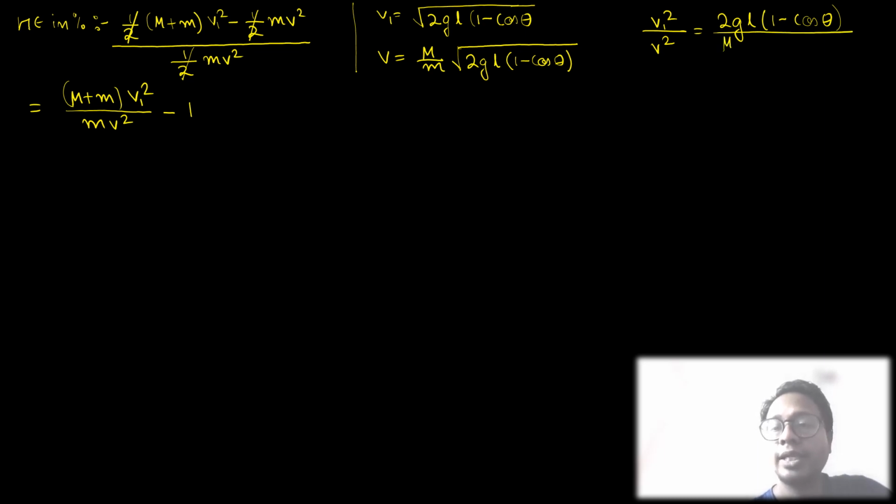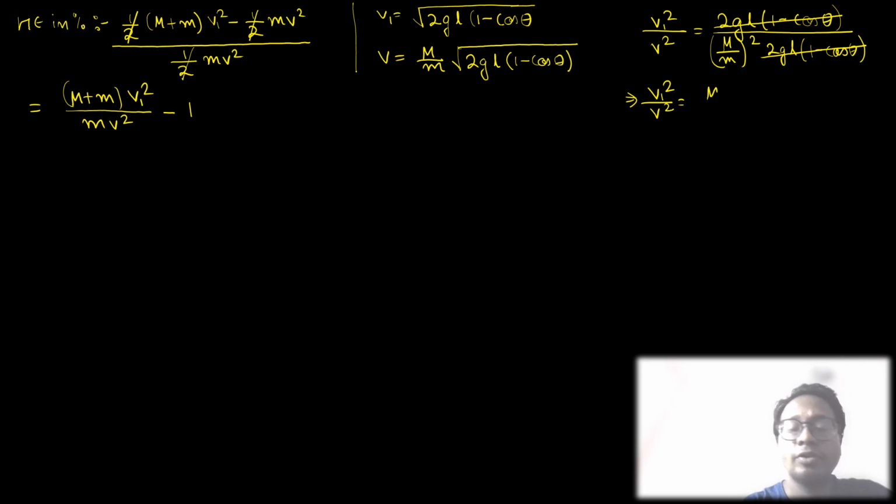V square is nothing but m by M whole square into 2gl(1 minus cos theta). So 2gl(1 minus cos theta) and 2gl(1 minus cos theta) would get cancelled. So v1 square by v square is nothing but small m by capital M whole square.